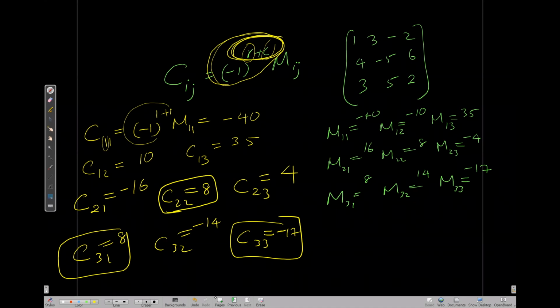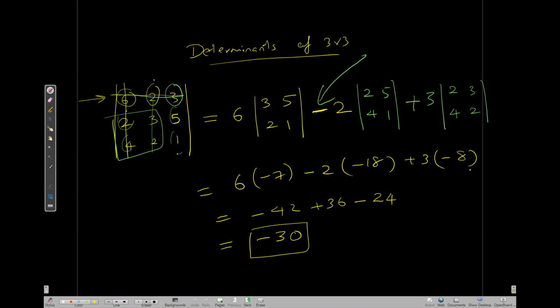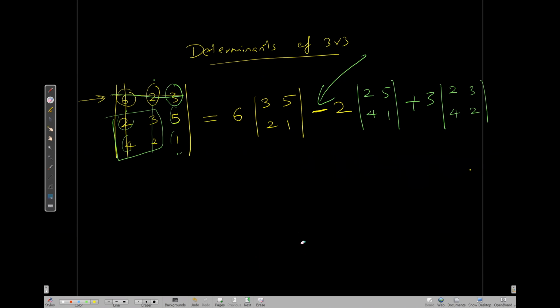Now let's go to our first example. Look at this. Now in this example, let me erase the simplification part here. What we are doing here, if you observe carefully, is first row, first element, let me call it A11, and this one is the cofactor of A11. That's why we use that notation. This is C11.